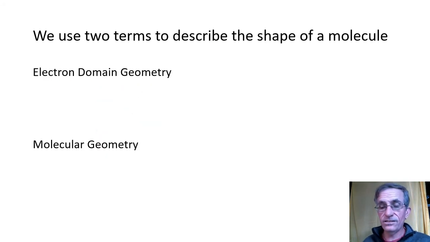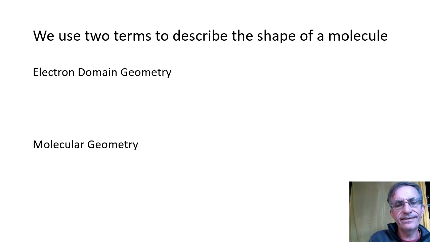Okay, before we get to those 5 common shapes, let me just mention one more fact. And that is there are really 2 ways we talk about the shapes. This might be a little confusing at first, but hopefully eventually it'll make sense. One way we talk about the shape is called the electron domain geometry.